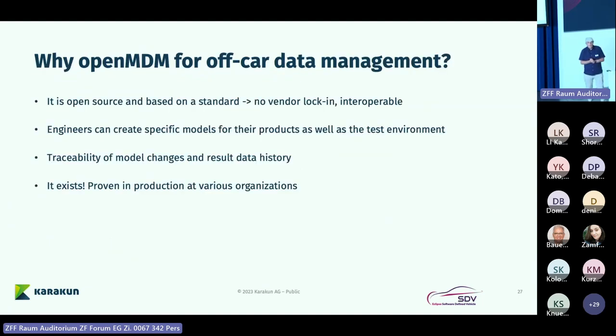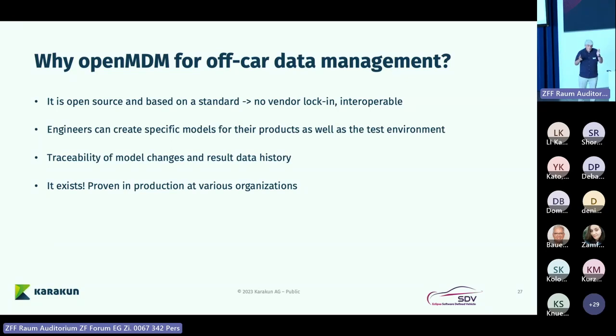So that was the content. Now the summary: why OpenMDM for off-car data management? I think the last point is one of the most important. It exists, it is proven in production at various organizations, it is software which can be used. And the other thing is, as I said, it supports traceability of model changes into the data history, and the engineers are able to adapt the models according to the application or use cases they want to implement.